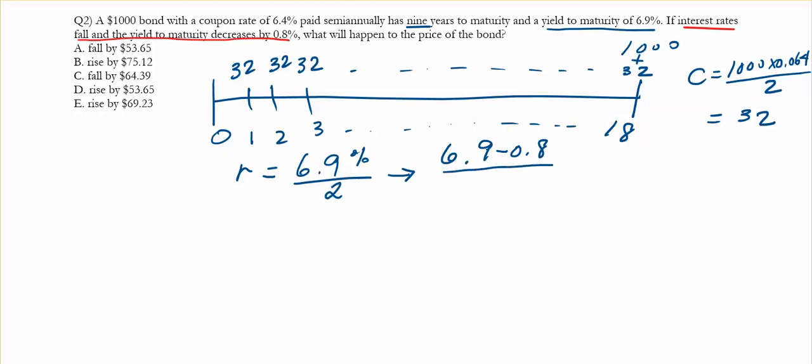Now notice that because yield to maturities are APRs, a quoted change in the yield to maturity will also mean this is for an entire year. So this means that the 6-month rate is actually going down by 0.4%.